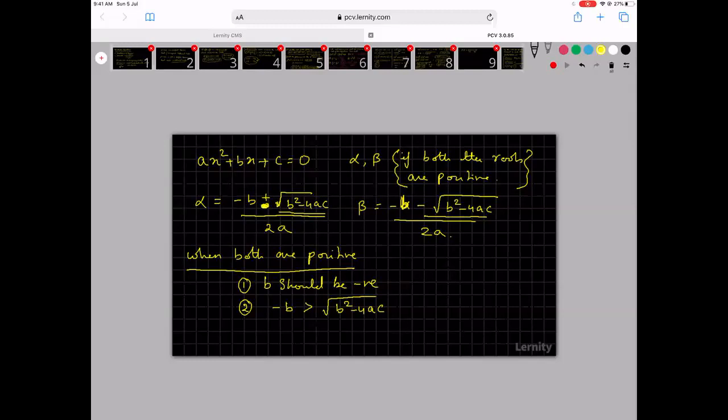Now if I square this, there will be no change in the sign. B squared will be greater than b squared minus 4ac.